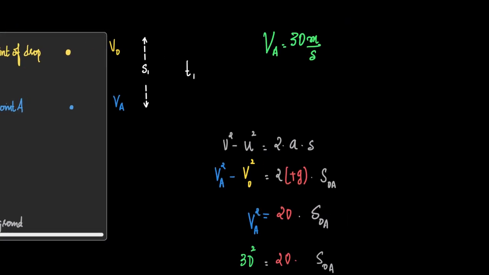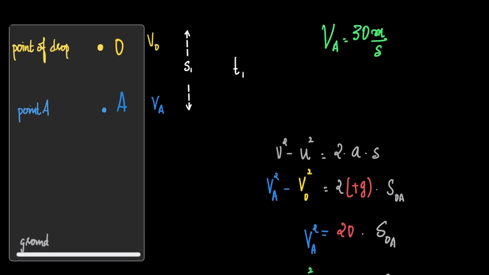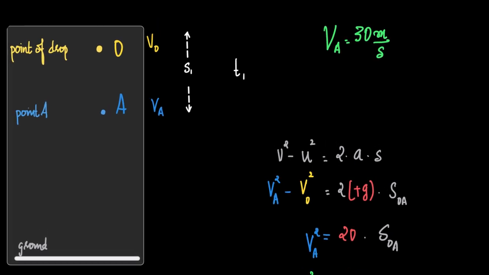So we will come back to the first part now, from the point of drop O to the initial point A. Along this path, we have already derived that VA square is equal to 20 into SOA. And just now we've derived that VA is equal to 30 meters per second.